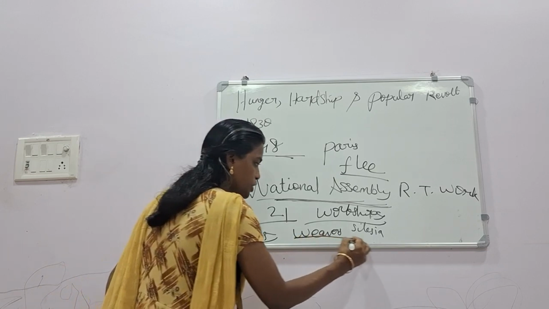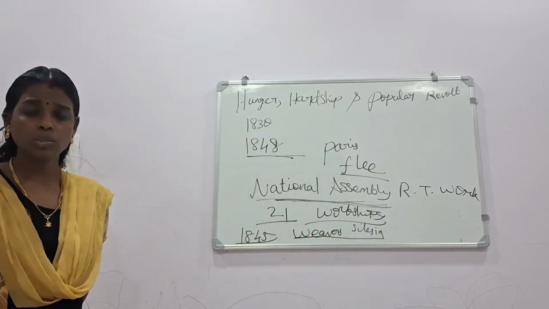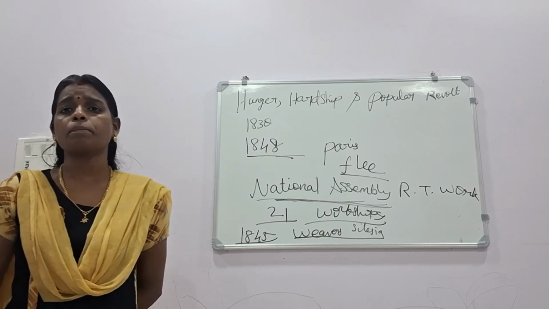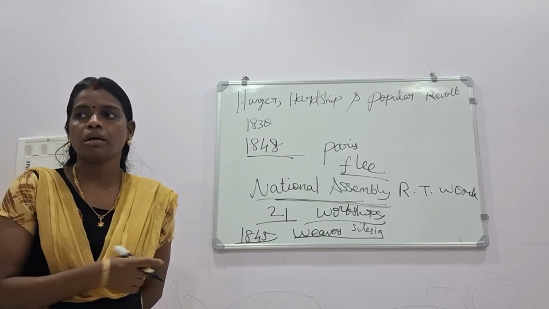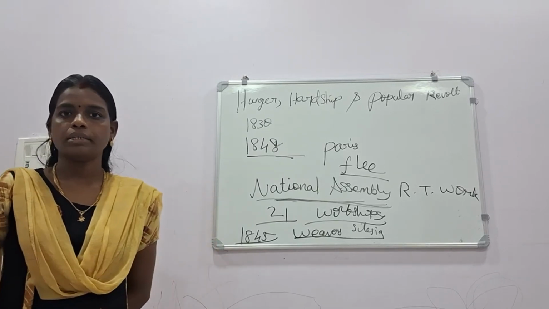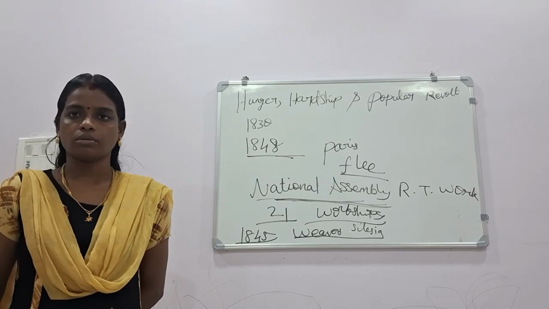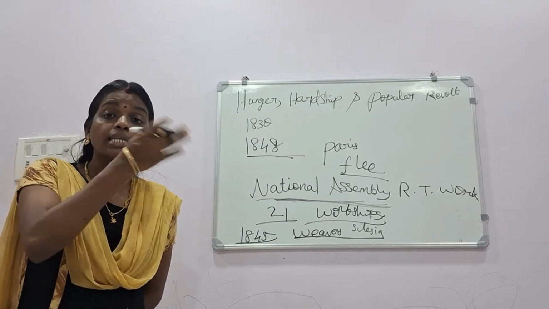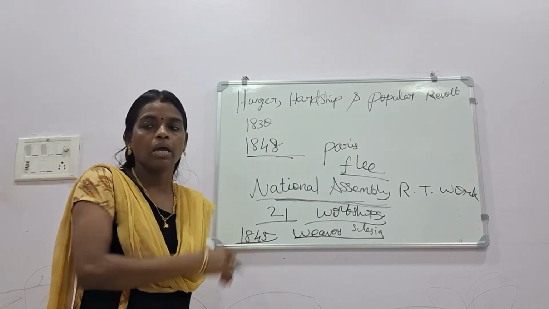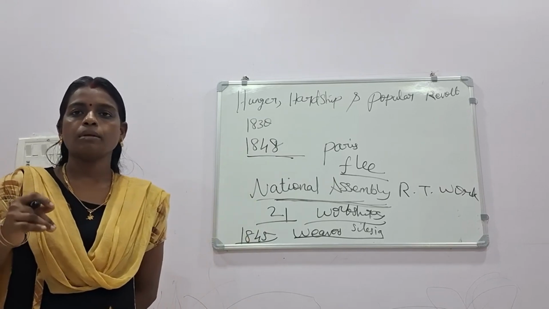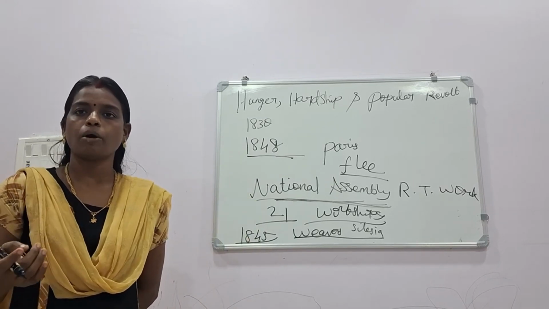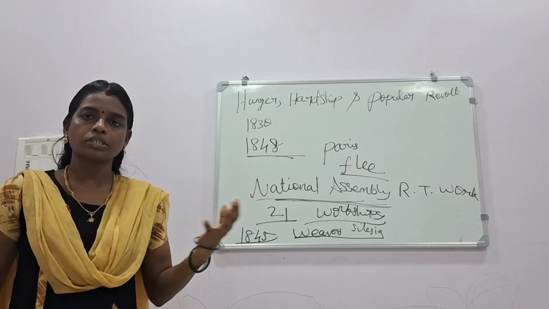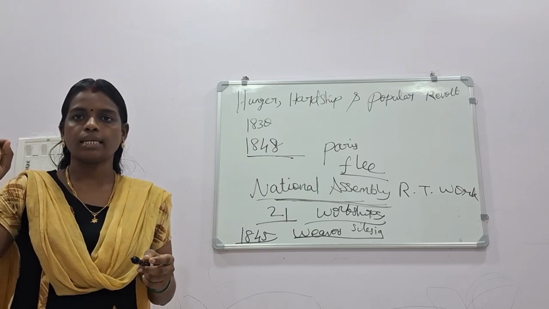So the weavers of Silesia staged a revolt against the people who gave them raw material and demanded production from them. For example, someone demands, I need this many cloths within this month or next month. That kind of demand was made to the weavers, no? So they revolted against the people who gave them work, because they were not able to get proper wages. They were doing more production, but their pay was very little.